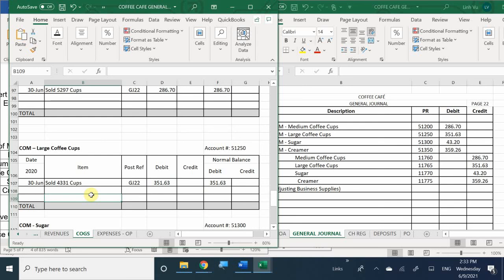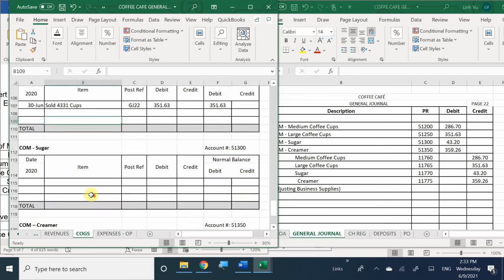Sugar would be 630. Sold 120 pounds. General Journal 22. Debit of 43.20, the debit balance of 43.20. And then creamer would be 630. Sold 22 cases.